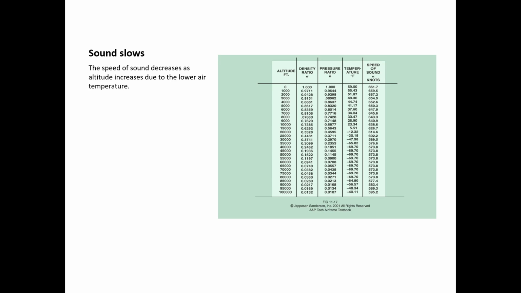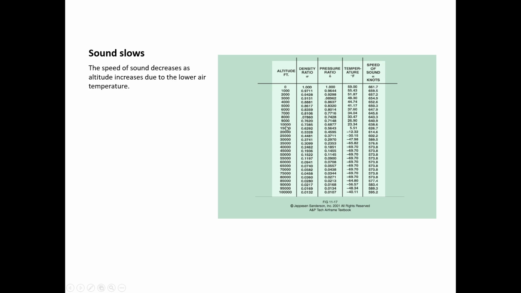So what does this scale say? That at ground level, the density ratio, we got a pressure ratio, the temperature is at 59, which is standard, and that's the speed of sound in knots.